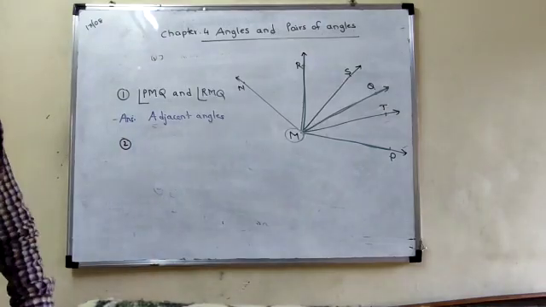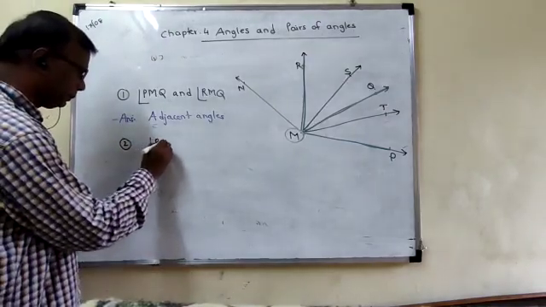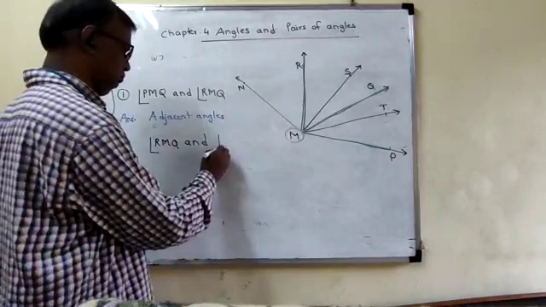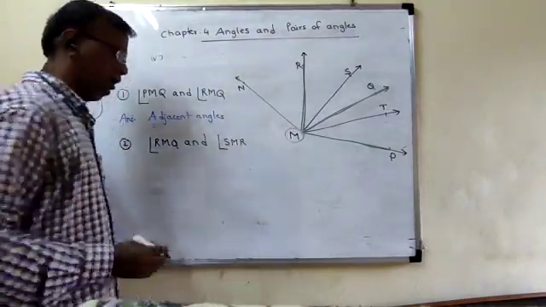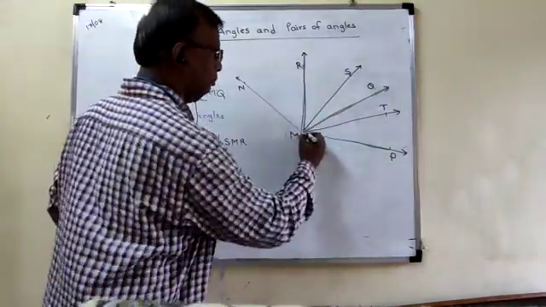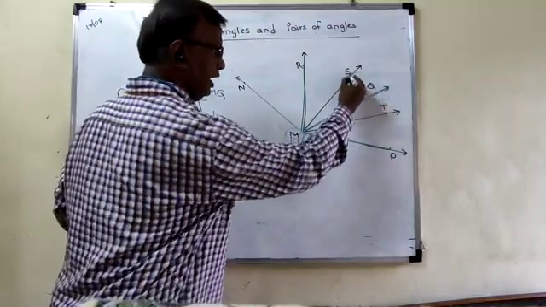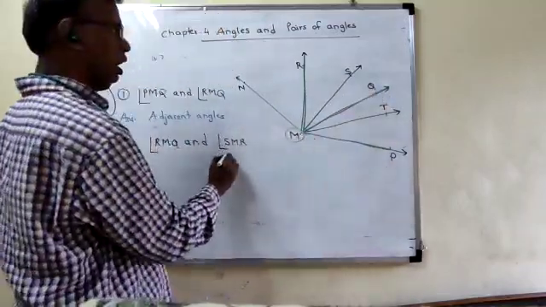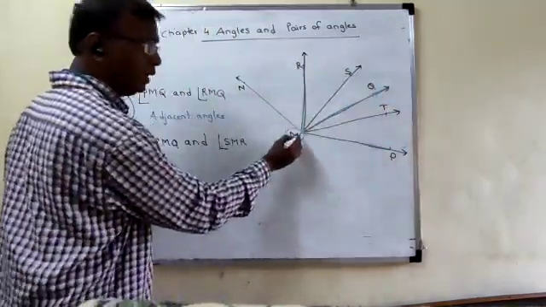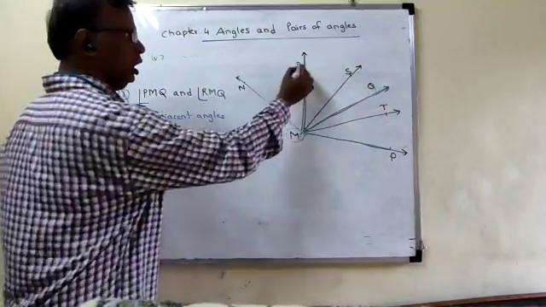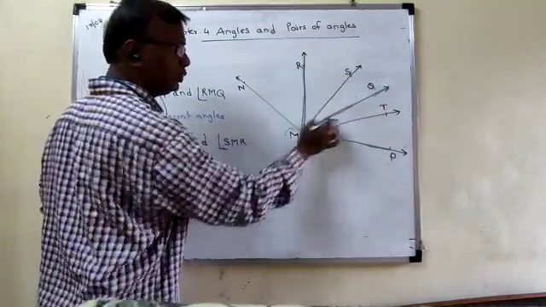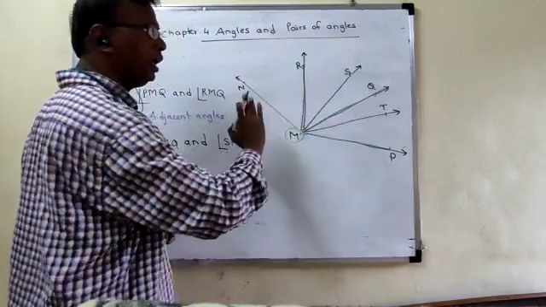Come to the second question. Angle RMQ and angle SMR. Now listen here once again. RMQ is this angle, and SMR. The vertex is common, but the interiors are not separate. Look, RMQ and SMR are inside the same region; inside RMQ comes SMR. So the interiors are not separate.